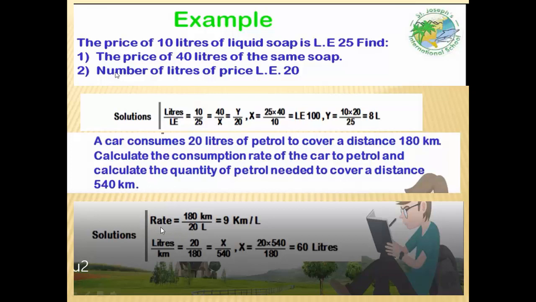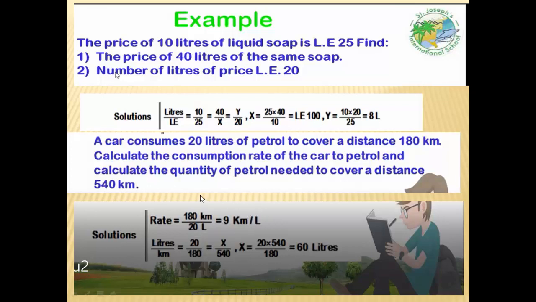You know, from the last lesson, rate equal fractions or ratios between two different units, kilometer by liter.